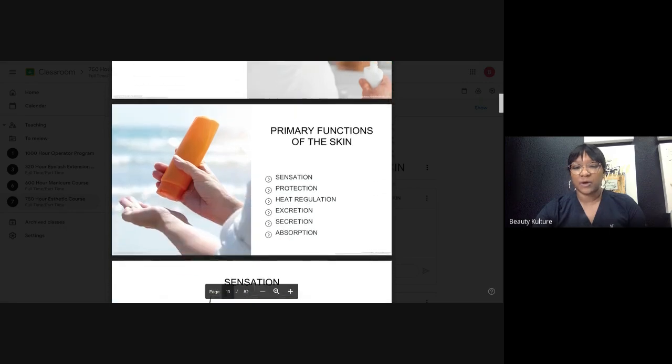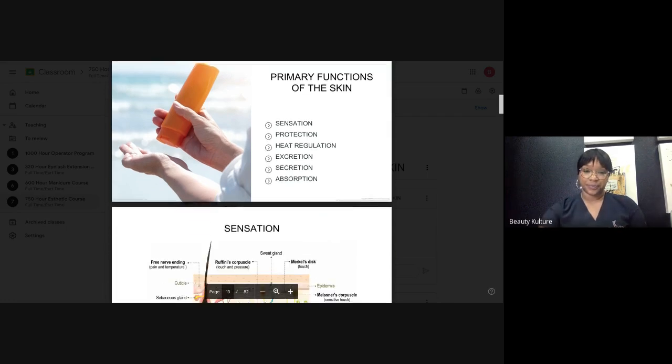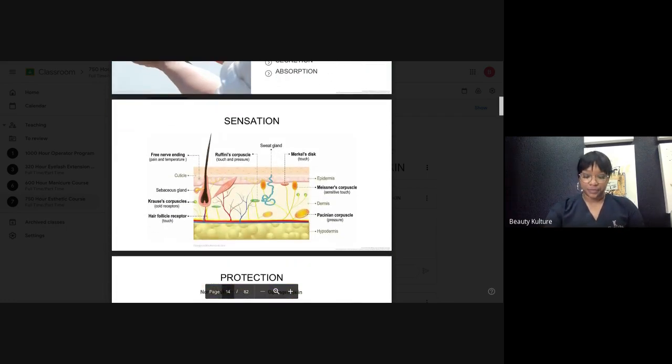The skin has 6 purposes for us: sensation, protection, heat regulation, excretion, secretion, as well as absorption. If you ever need to know the 6 functions of skin, they are here. We're going to start with sensation.